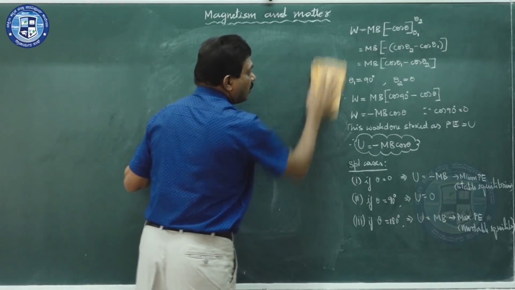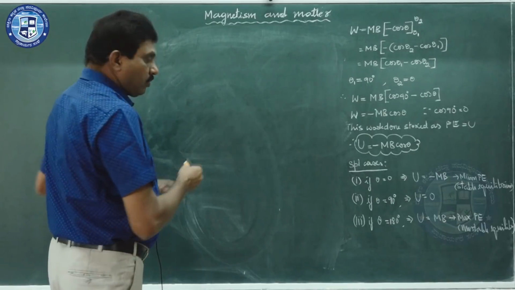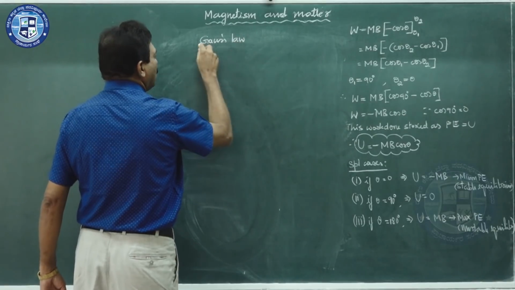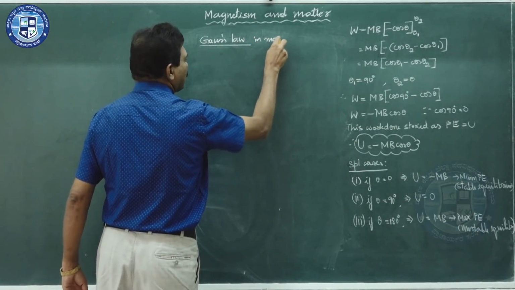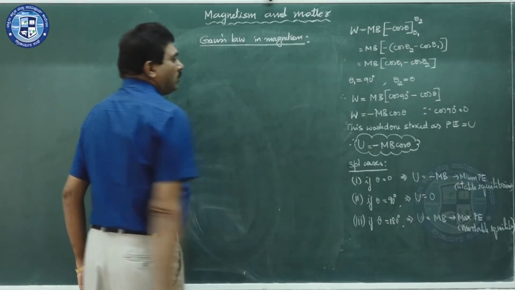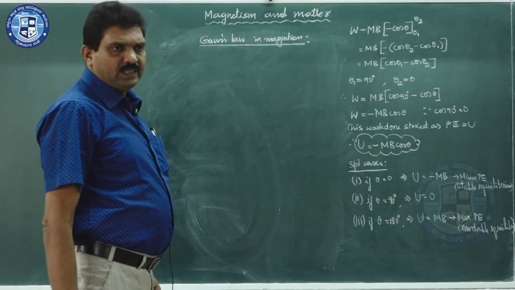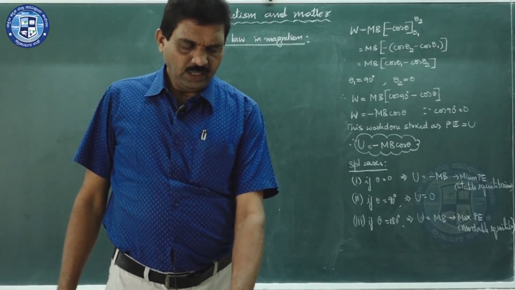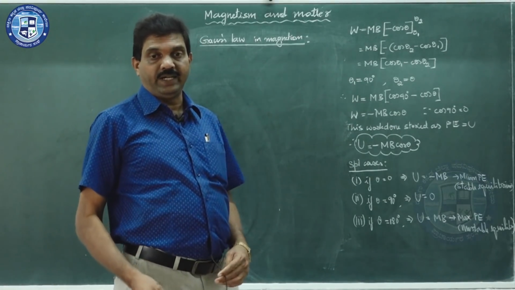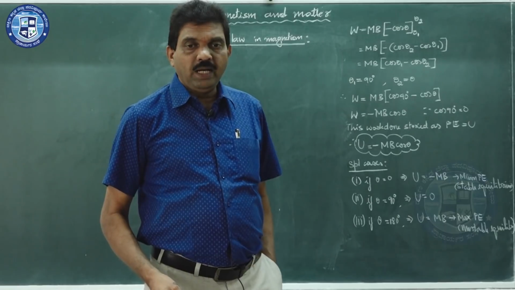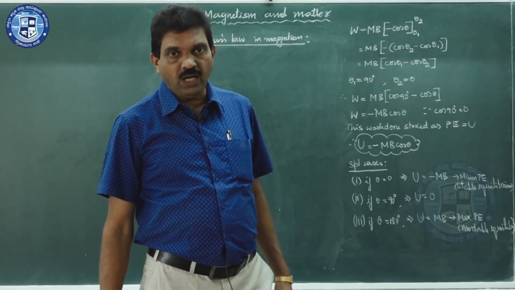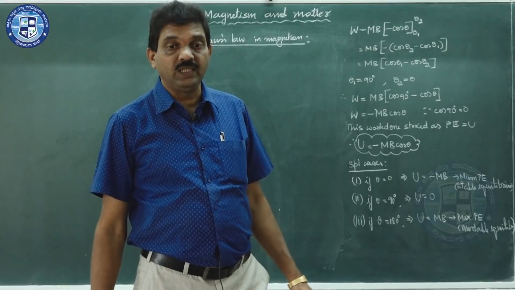Next, Gauss law in magnetism. We have already seen Gauss law in electrostatics. What did you study in electrostatics? Gauss law: the total electric flux of any closed surface in vacuum is 1 by epsilon naught times the total charge enclosed within the surface.